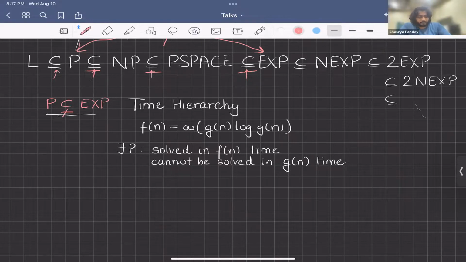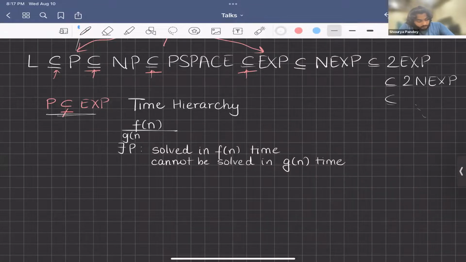But the square version is true. So this is more precise than, for example, if g of n is n, and if I take f of n to be n times log squared n, then this is true. Maybe it is better to write: if I have functions f and g such that f of n over g of n log g of n tends to infinity, then this holds.